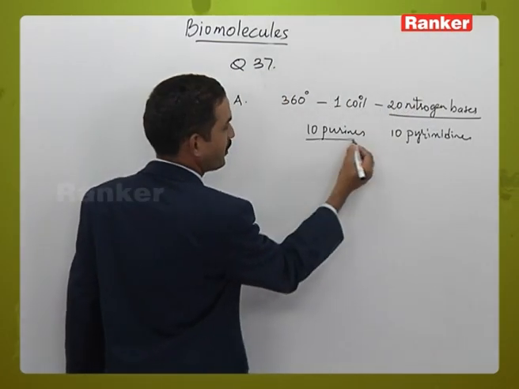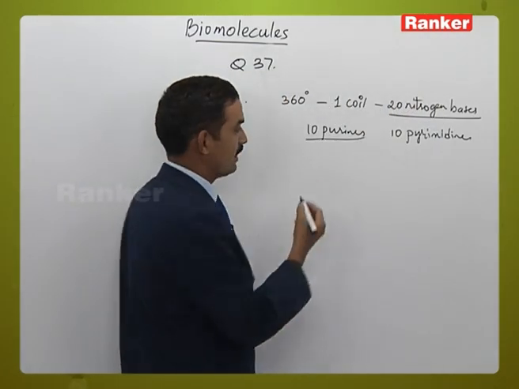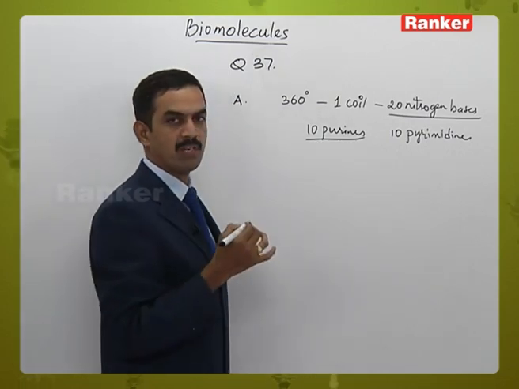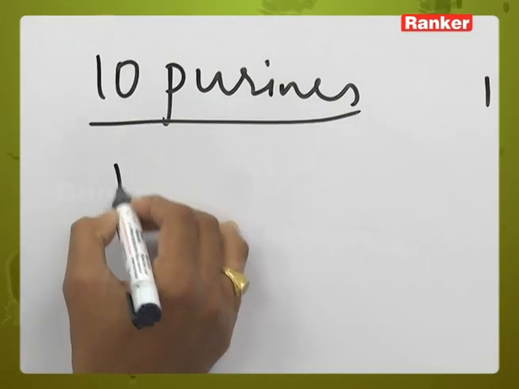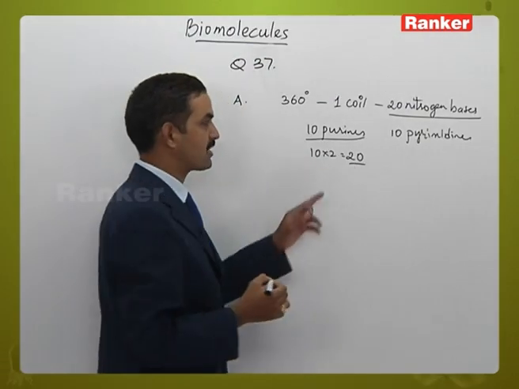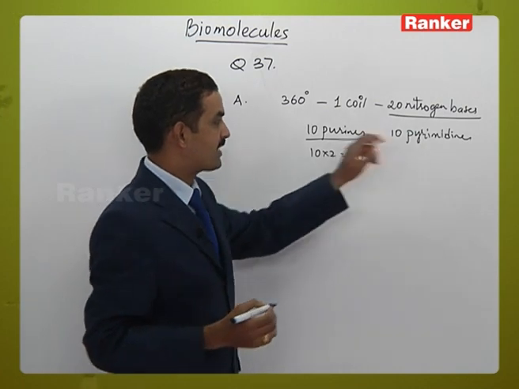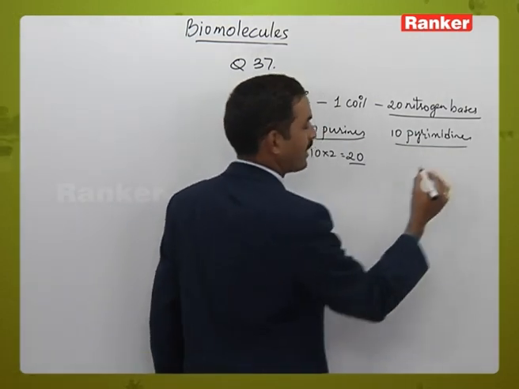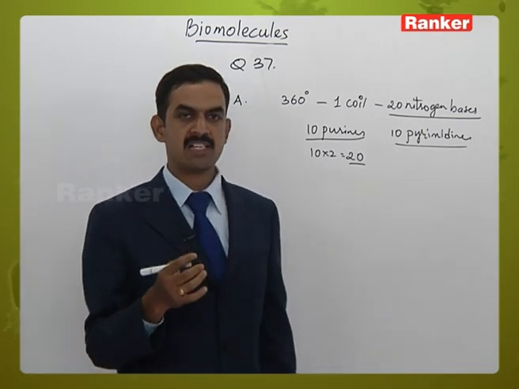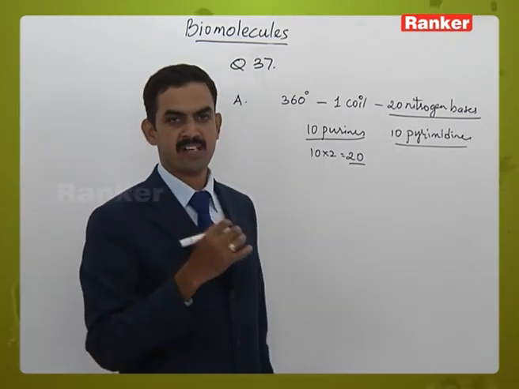Each purine is a bicyclic compound, so each purine contains 2 carbon nitrogen rings. So 10 into 2, a total of 20 carbon nitrogen rings are present. When it is coming to pyrimidines, each pyrimidine is a monocyclic compound. That means each pyrimidine contains only one carbon nitrogen ring.